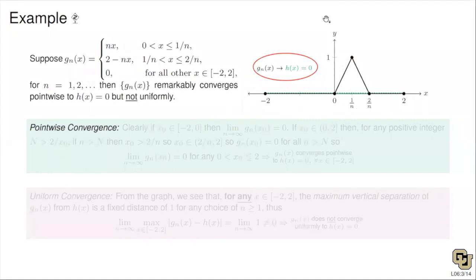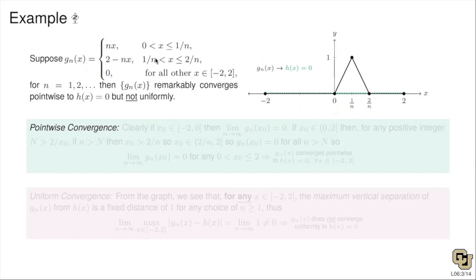Very quickly, why not uniformly? I'll start here next time. But basically, this counterexample is set up so that no matter what n value you pick, remember n is going to infinity, n will never actually equal infinity. So this number 2 over n and 1 over n are approaching 0, but they'll never actually get to 0.